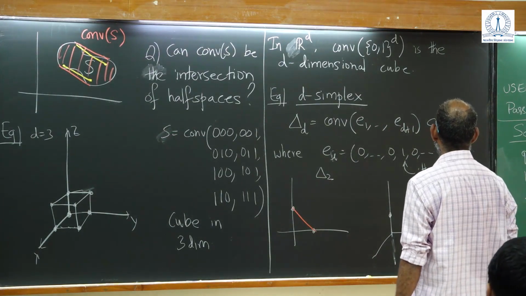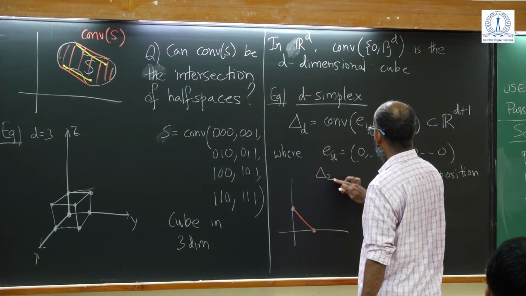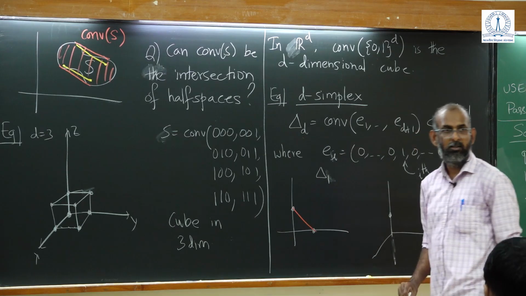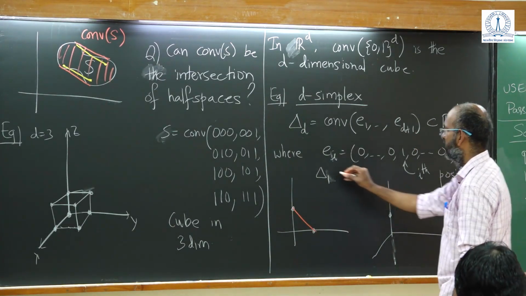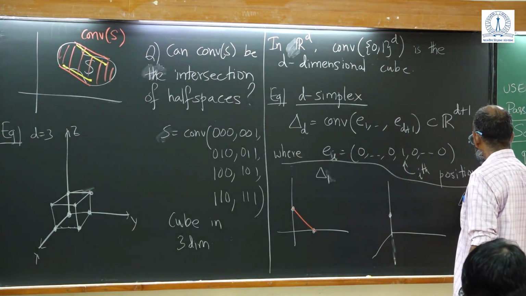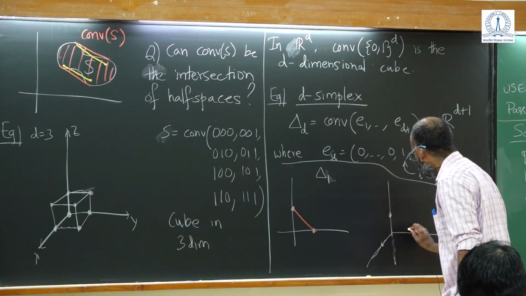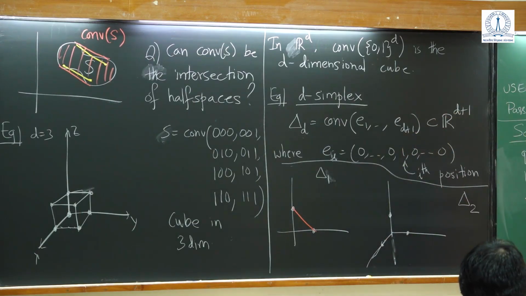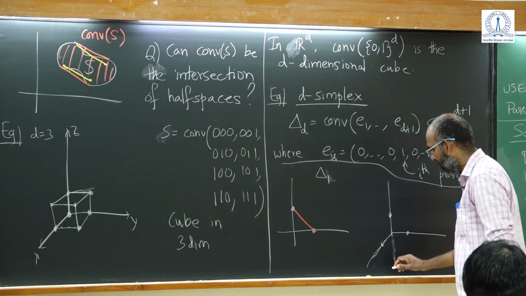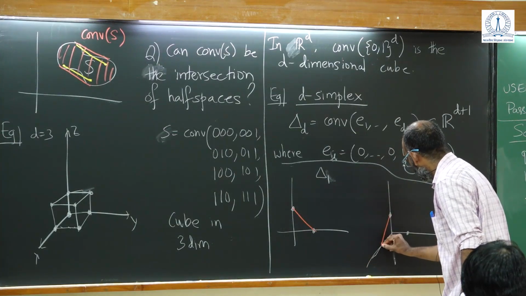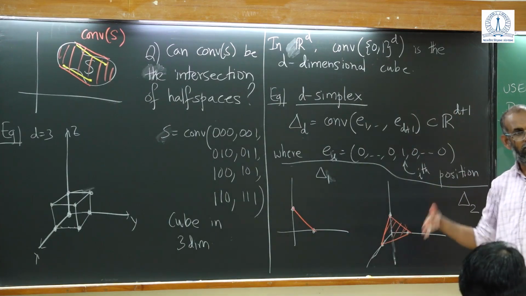Oh, sorry, this should be in R3, so this is delta 1. This is the 1-simplex. Thank you. And this is delta 2 now. This is the 2-simplex. I'll take the convex hull of E1, E2, E3. So it will be a triangle but in 3 dimensions.